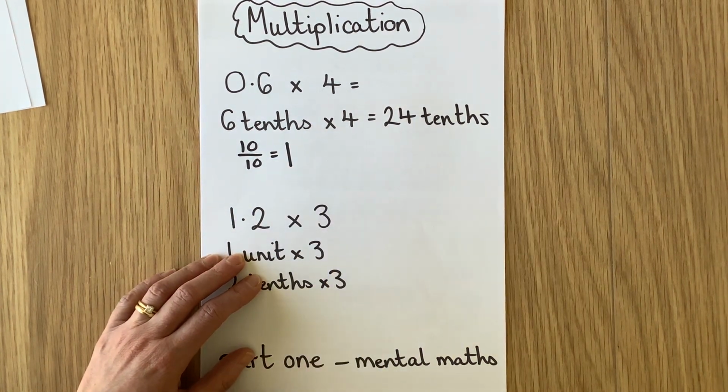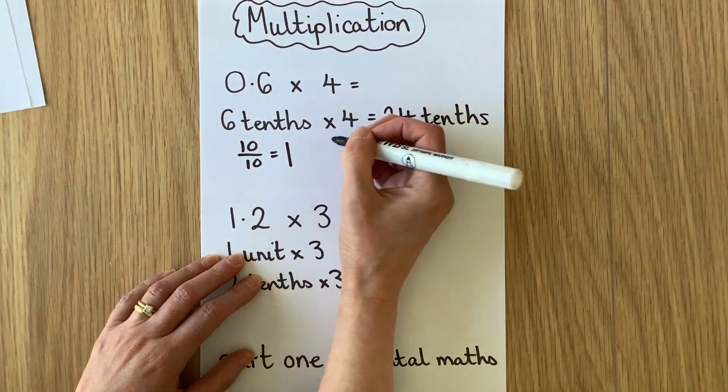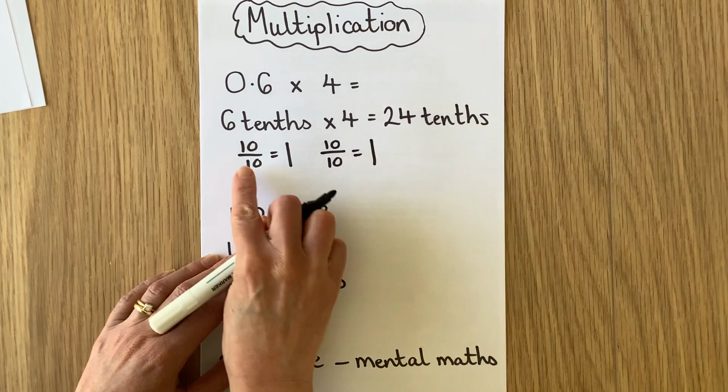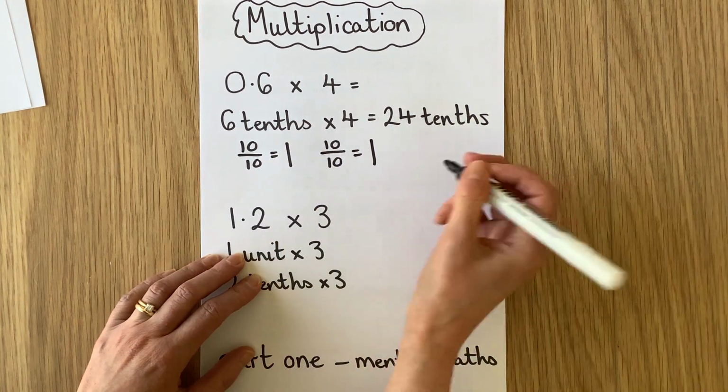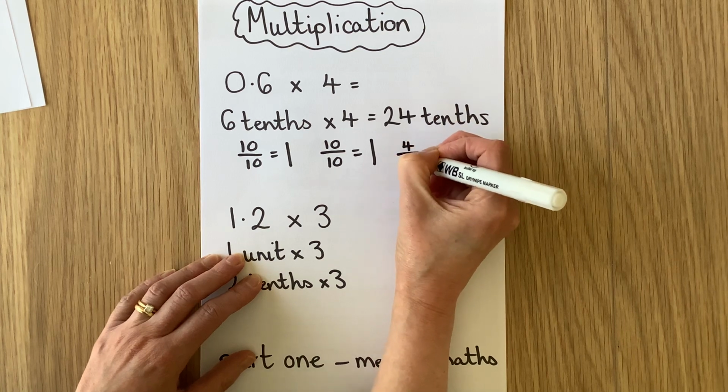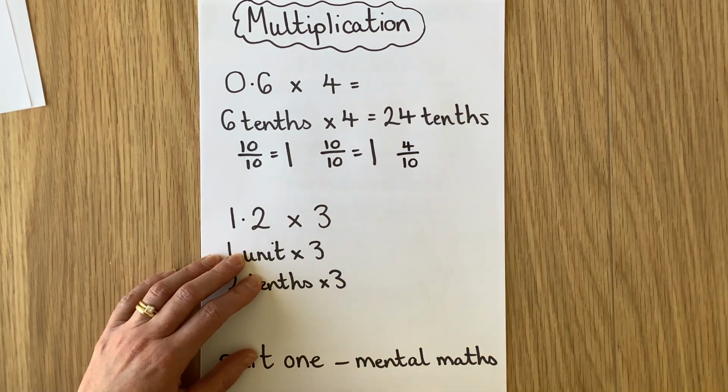So if I've got 24 tenths, well, that's the same as 2 groups of 10. 10 and 10 makes 20, so that's 2 whole things, and I've still got 4 tenths left over.